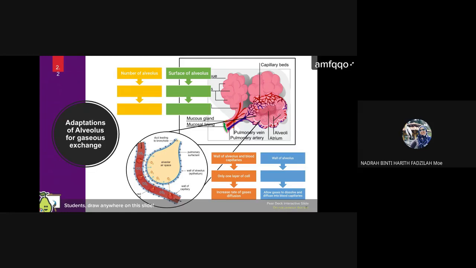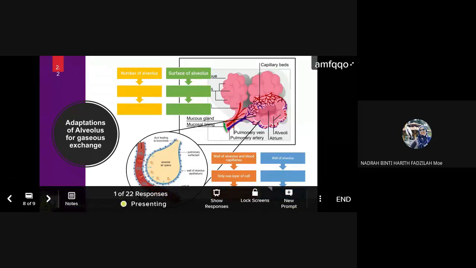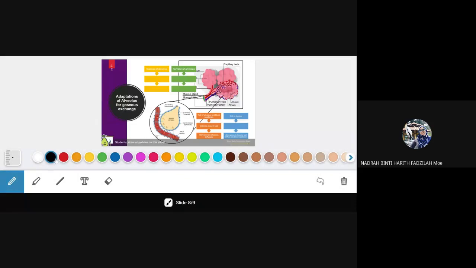The name of the structure, the characteristic of the structure, and the function for that particular structure that helps in the gaseous exchange for this case. For example, cuba tengok pada kotak warna oranye. Sekejap ya Aisyah, saya tahu Aisyah tak sabar nak jawab. Okay ya, take a look.